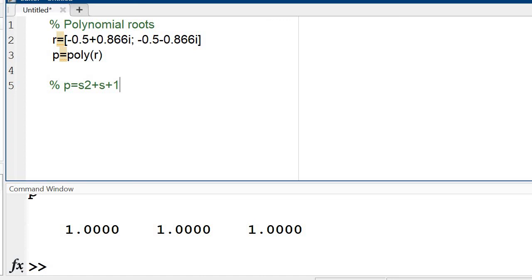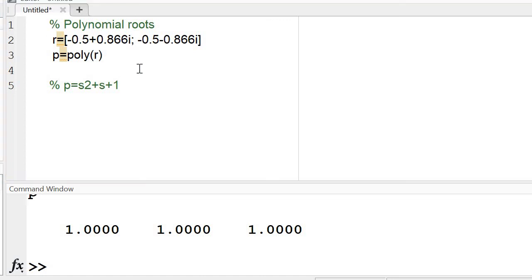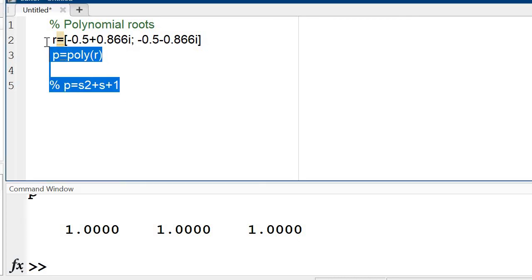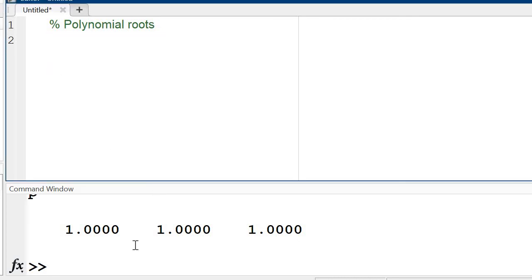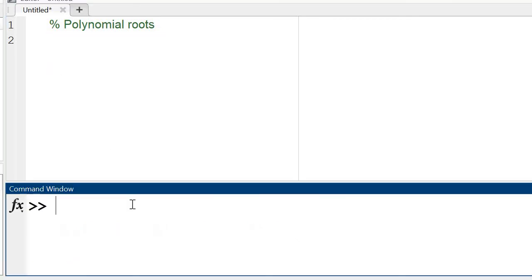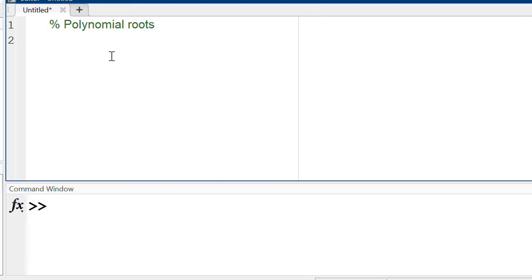Now next is, if you have a matrix, then how to find the polynomial equation? It means A is equal to, the matrix can be written as a 2 by 2 matrix, that is 0 space 1, use the semicolon, 2 space 3. This is our matrix.